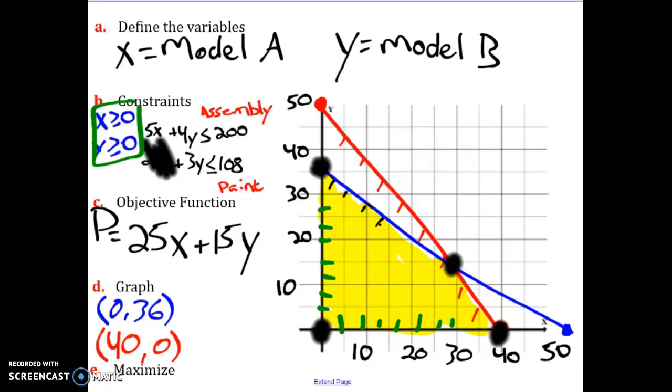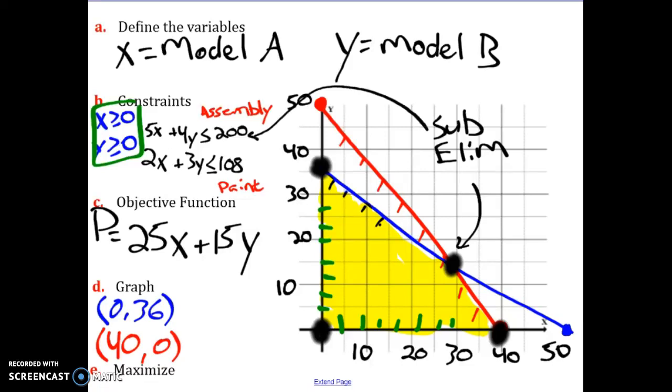But this last one here is something that we can easily find with substitution or elimination based on this system of equations that we had over here. So again, if we just pretend that those were equal signs, we could solve that system in a heartbeat. Luckily, I already took the liberty of doing that. Turns out those intersect at 24, 20.